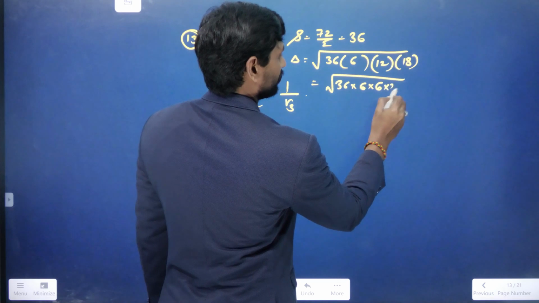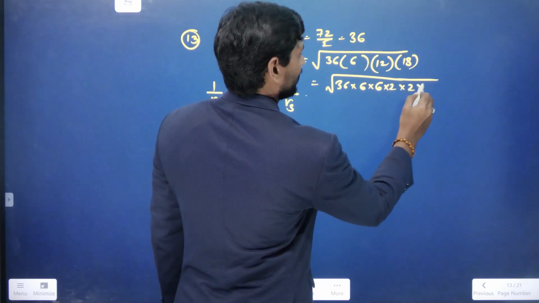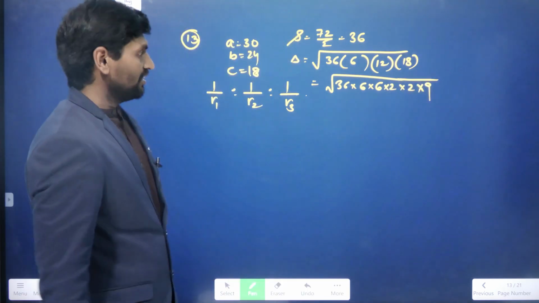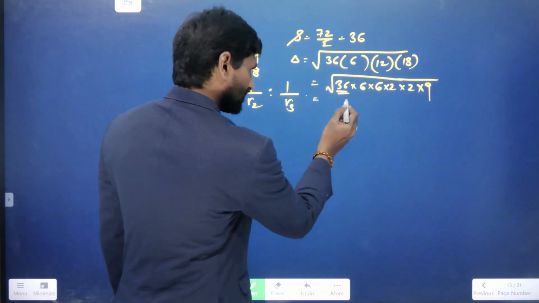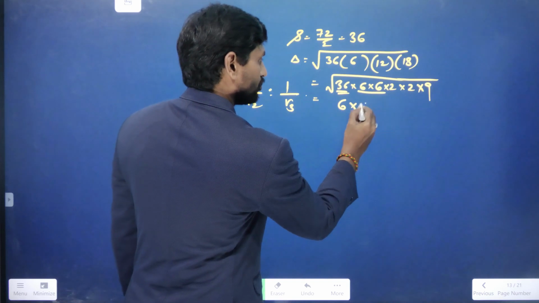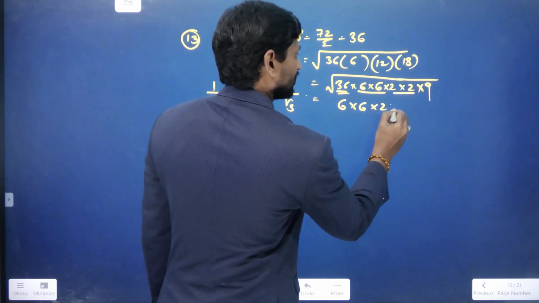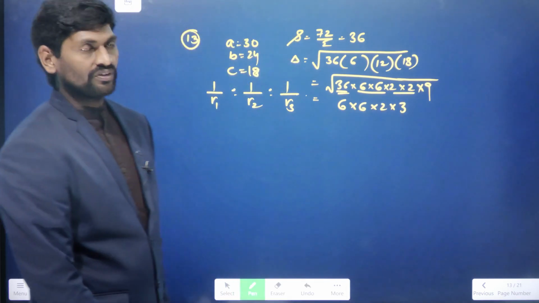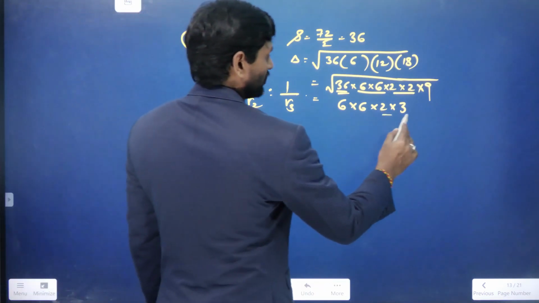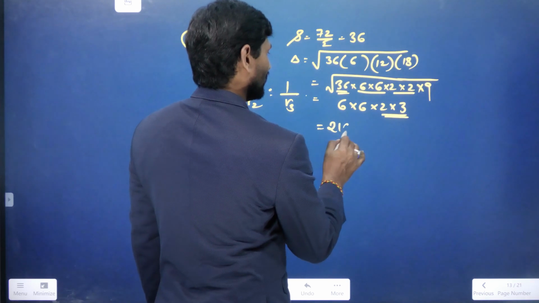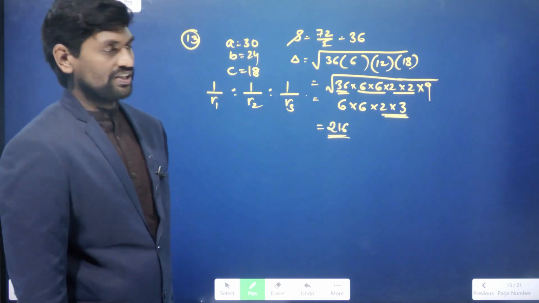I can write 6 into 2, and 18 I can write 2 into 9. So 36 already a square number. 6 into 6 we can write. One 6 will come without the root. From these two, one 6, and these two, one 6, and it is 3. So 6 into 6, 36. 36 into 6, 216 is the area of a triangle delta by using the formula.